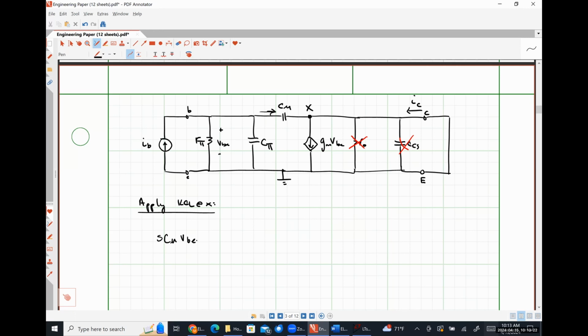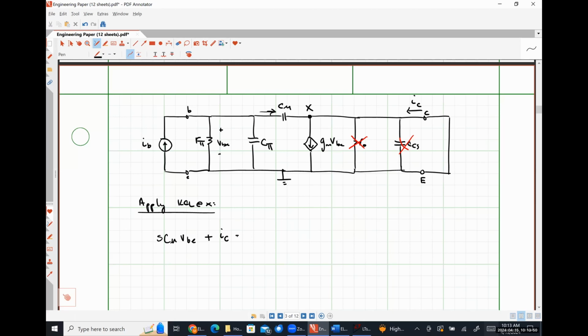Because voltage divided by impedance is going to give us current. Our impedance is 1 over S C mu. So V divided by 1 over S C mu looks like V times S C mu. Just Ohm's law using Laplacian math like we did in B24. Going to be doing that a lot for the next bit.